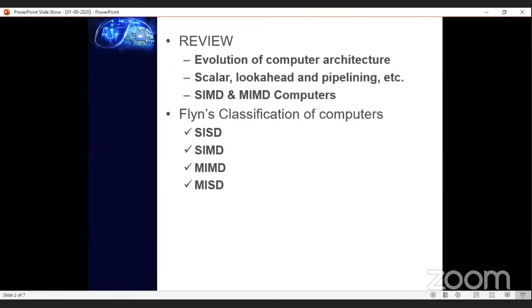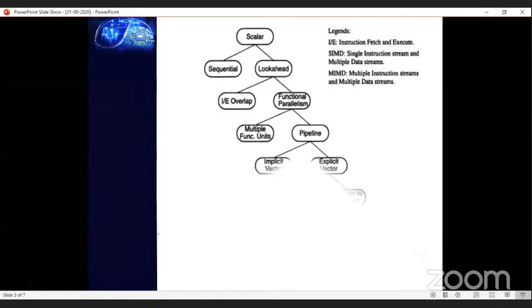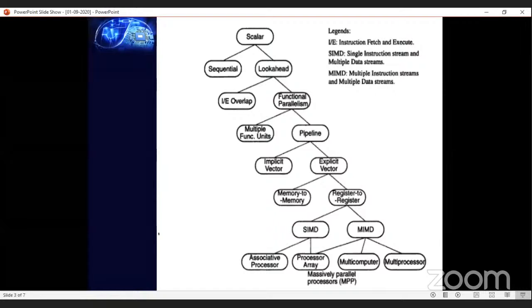Okay. So now we look at the diagram that we have discussed in the last session. So what about this diagram? I am reviewing once again for all, please carefully listen to that information. The evolution of computer started with the scalar computing or scalar processing. So what is the meaning? The architecture of computer was introduced with the sequential computer.